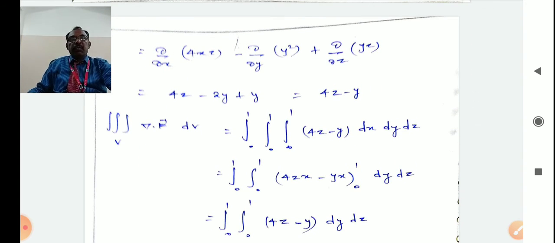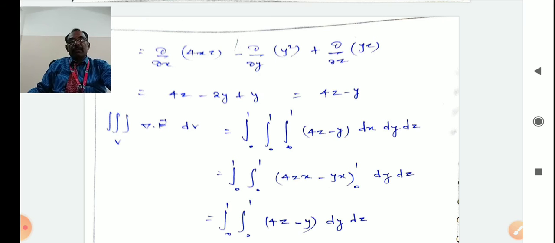Differentiation of 4xz with respect to x partially gives 4z, minus differentiation of y square with respect to y partially gives 2y, plus differentiation of yz with respect to z partially gives y. The simplification of the above equation becomes 4z minus y.